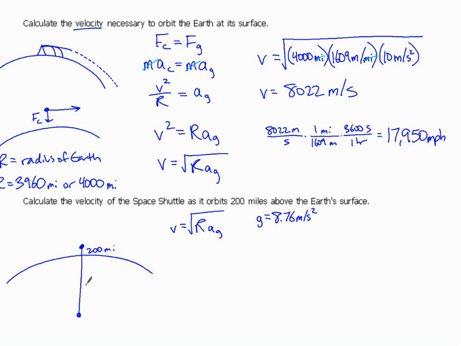And then the radius of the Earth, we'll consider that to be 4,000 miles. And so the radius overall that we have to use is 4,200. The radius of the Earth plus the distance above the Earth. So let's look at velocity. 4,200 miles. Let's change that to meters. And multiply that by the gravity at that altitude.